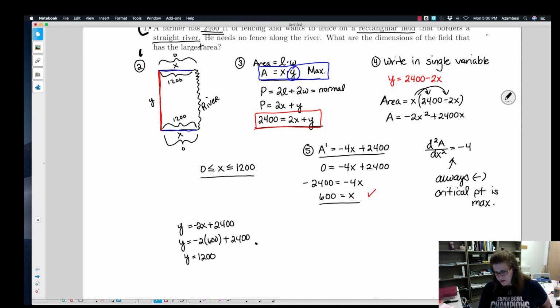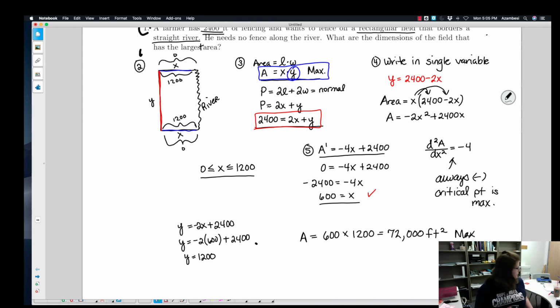So X is equal to 600, Y is equal to 1200, and then our maximum area would be equal to 600 times 1200. And if we use the trick of multiplying just the numbers, 6 times 12 gives us 72, and we end up with all the zeros. And it's in square feet for our maximum.